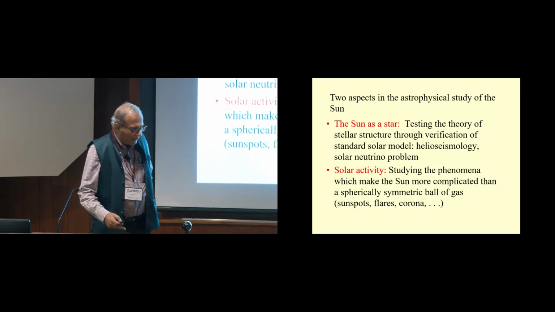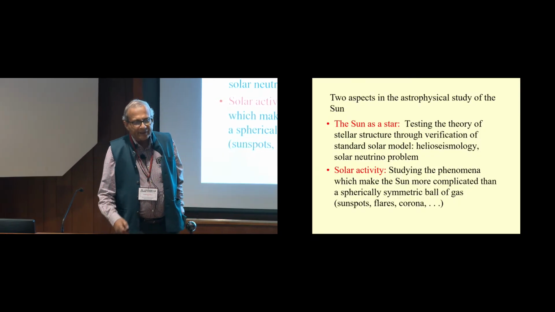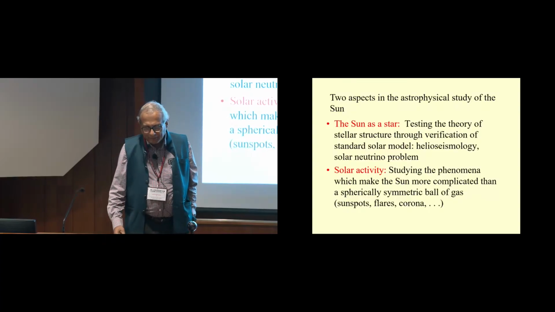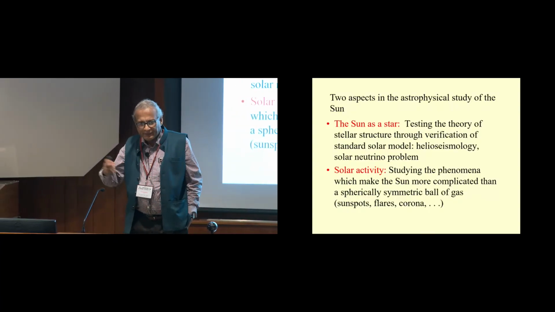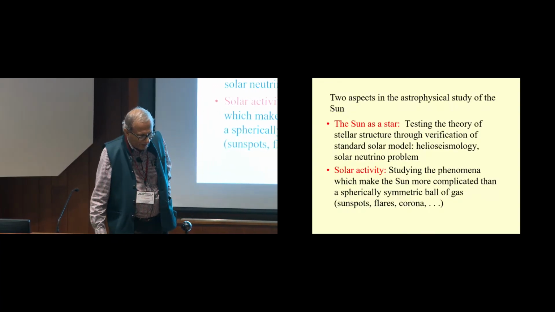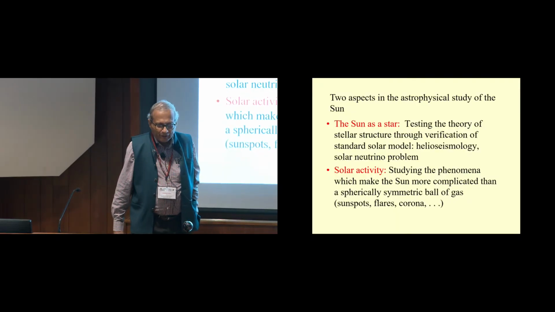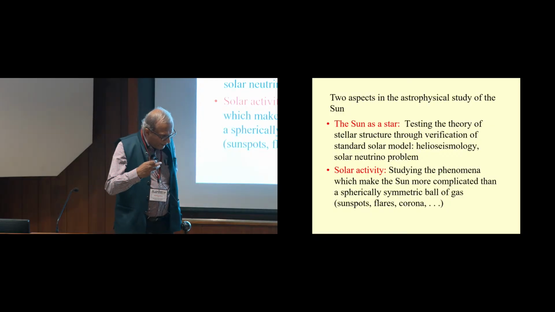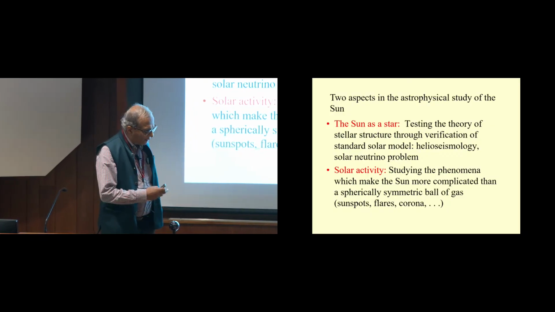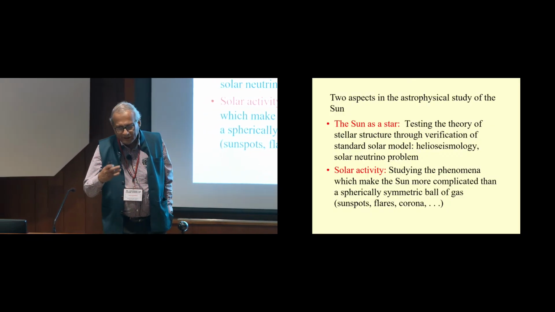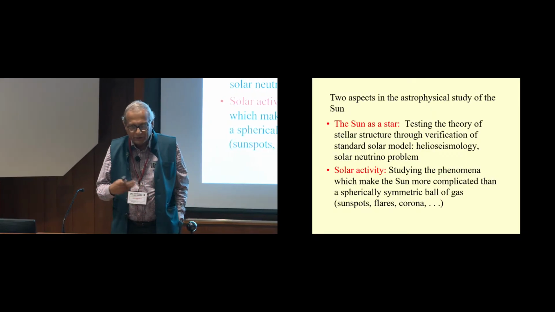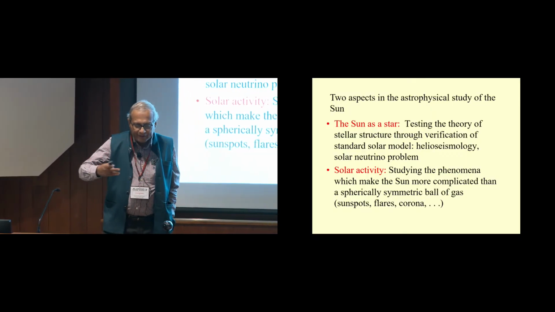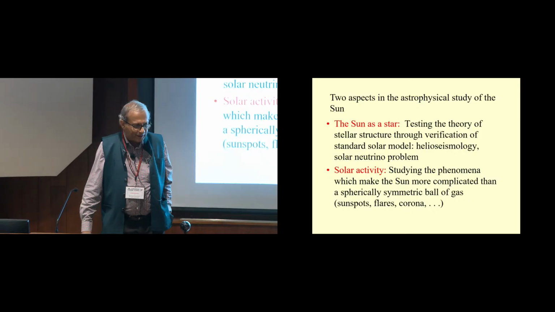During the last few decades, as a result of remarkable developments like helioseismology, the study of solar oscillations, and also solar neutrino experiments, it has been possible to establish that this standard solar model is a remarkably good model. It agrees with the interior conditions of the sun.